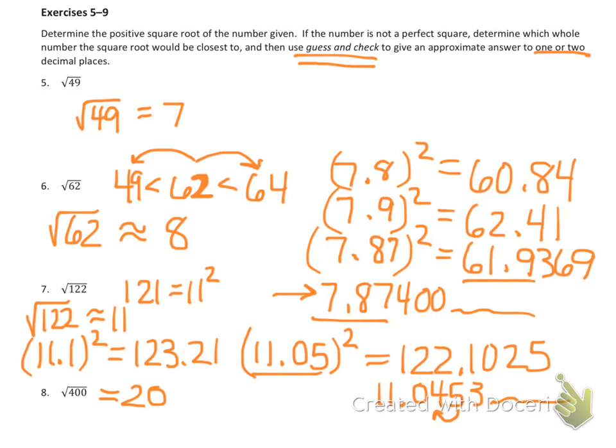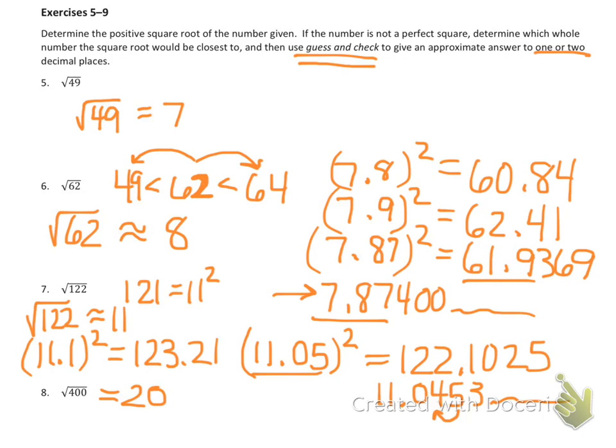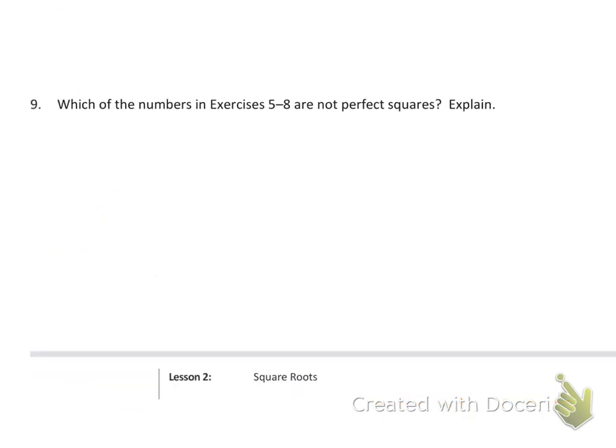Okay, let's look at question 9. Which of the numbers in exercises 5 through 8 are not perfect squares? Okay, so the numbers in exercises 5 through 8 that aren't perfect squares are 62 and 122, whereas 4 and 9 were perfect squares. So 62 and 122 are not perfect squares.